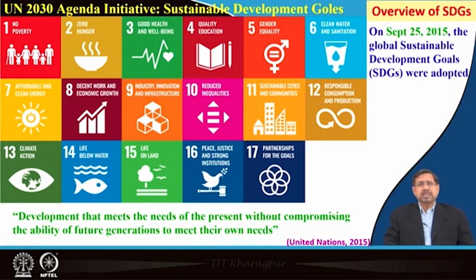These 17 symbols each represent one of the 17 sustainable development goals. On 25th September 2015, about 11 years ago, the global sustainable development goals, that is SDGs, were adopted.